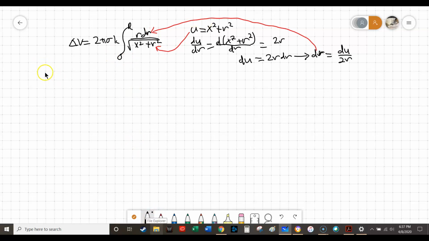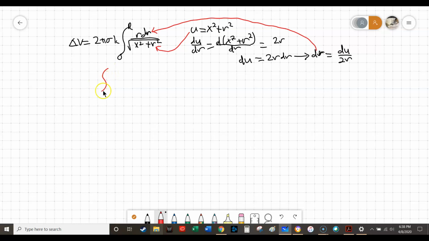And now we're going to rewrite our integral, which is going to be 2 pi sigma times k from 0, well, again, we have to solve this integral independently because you can't just put in u's and start, because once you do that, your limits change.